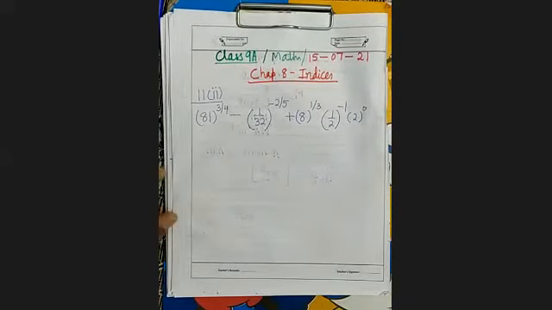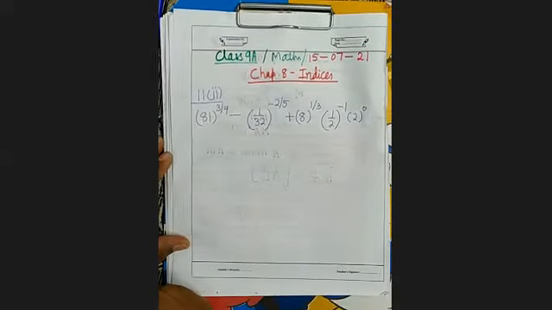Now here we will simplify. So 81 you can write as 9 into 9, and 9 you can write as 3 square.